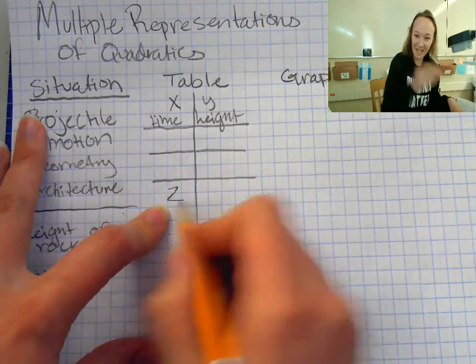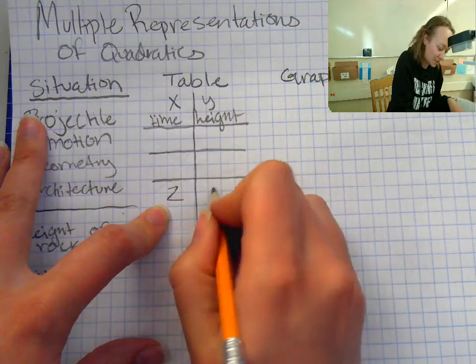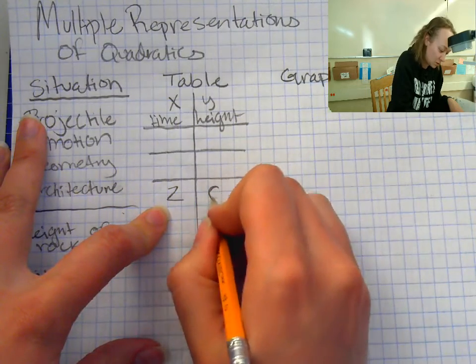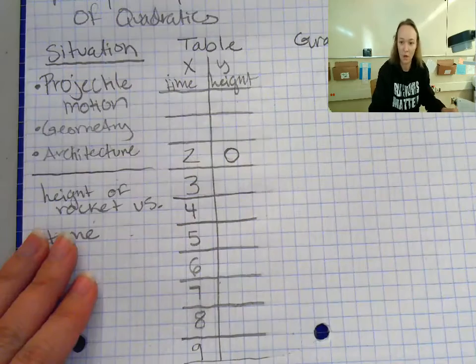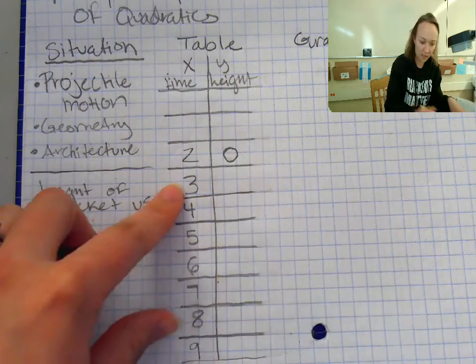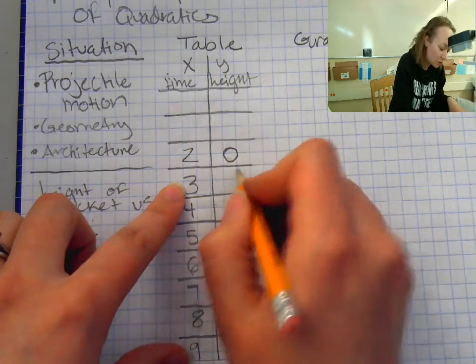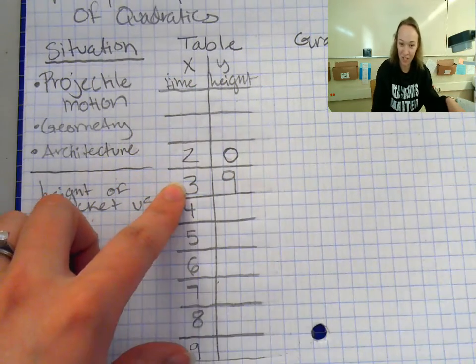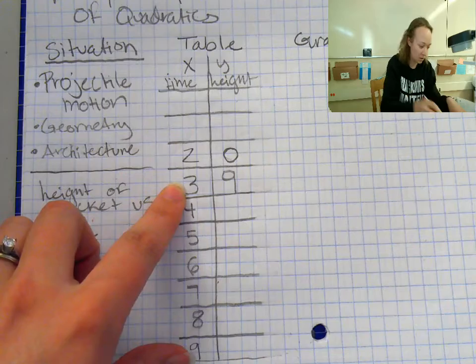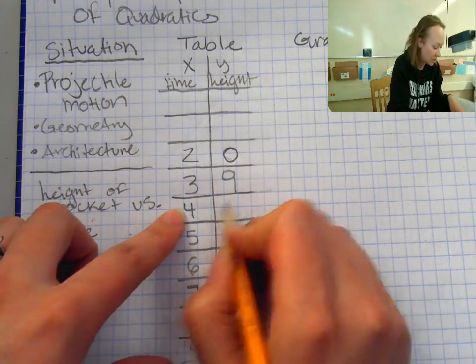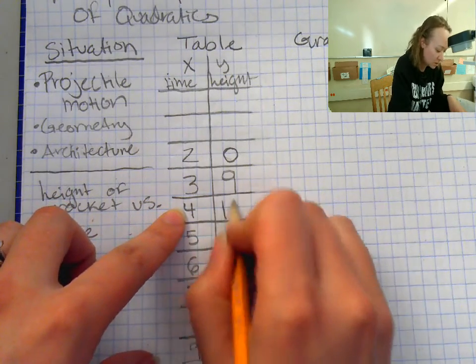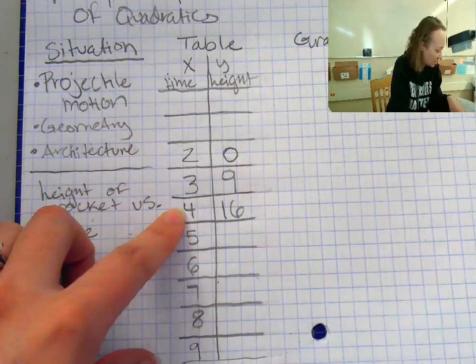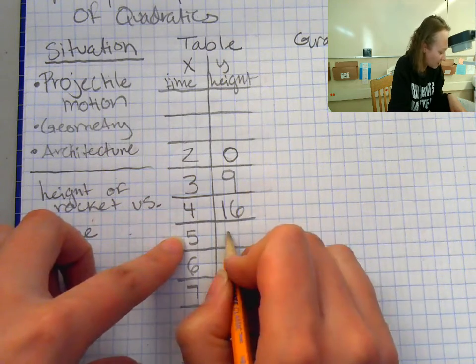But at 2 seconds exactly, it's still going to be at a height of 0. And then after 3 seconds, it's going to be 9 feet high in the air. After 4 seconds, it's going to be 16 feet high. And then after 5, it'll be 21.